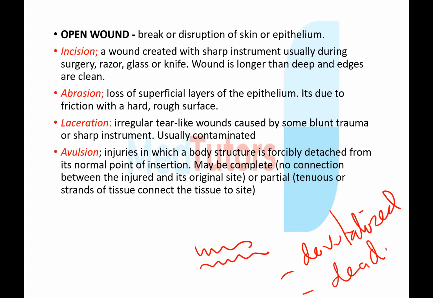Avulsion can go to an extent of degloving. There's detachment of the skin and subcutaneous tissue from the underlying muscles, tendons, and bones. You just have a degloved section of that tissue.